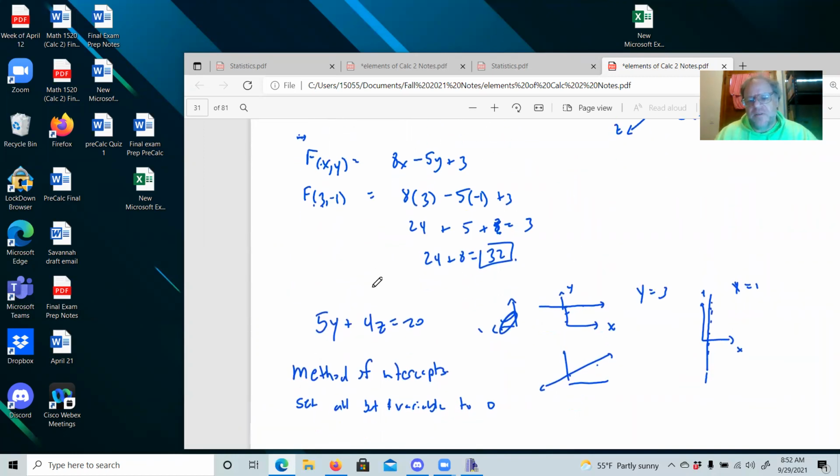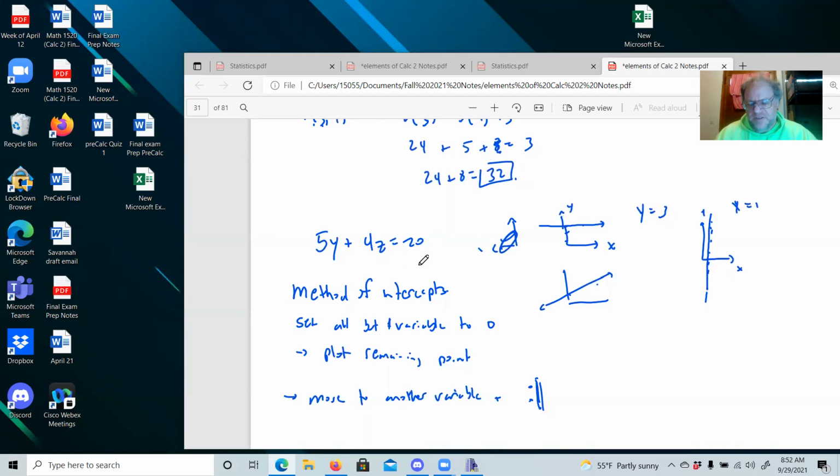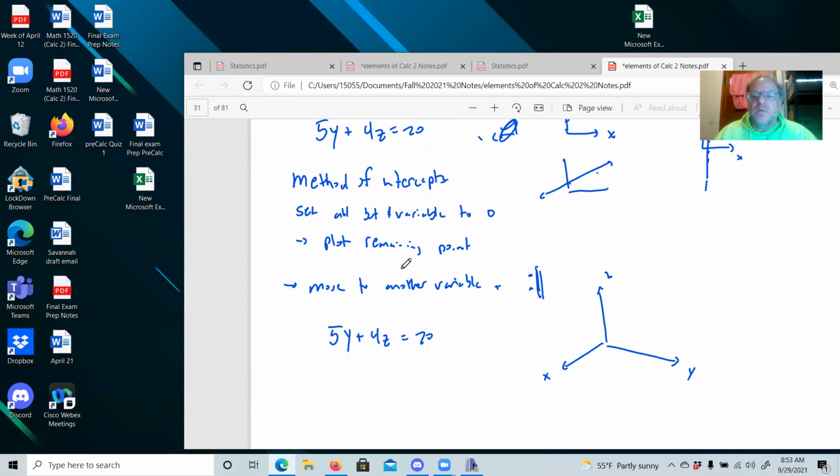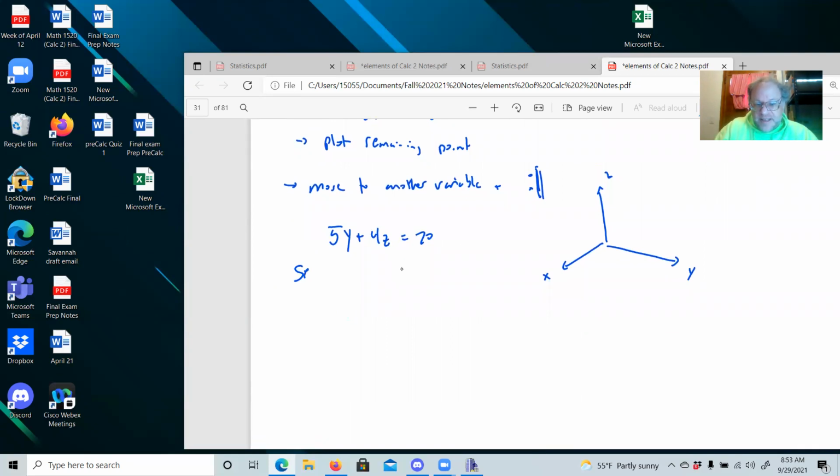So how do we graph this? 5y plus 4z is equal to 20. Well, let's draw our coordinate system. So here's our x, here's our z, here's our y. It doesn't matter which one you pick first, let's set z equal to 0. So we have 5y is equal to 20, y must be 4.